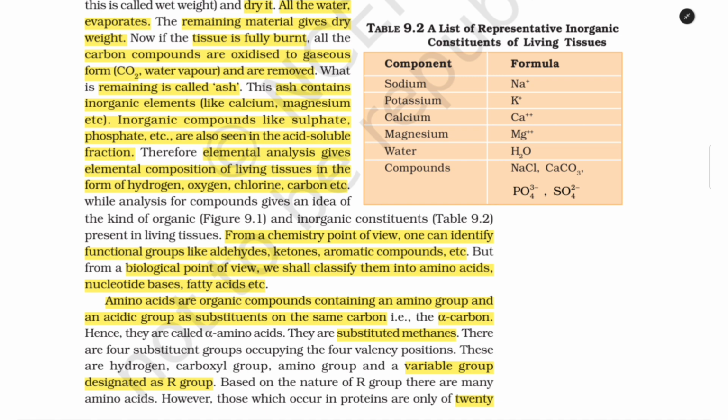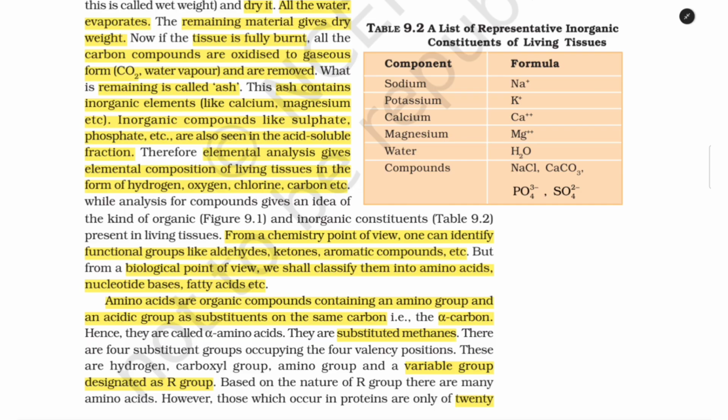Hence, they are called alpha amino acids. They are substituted methanes. There are four substituent groups occupying the 4 valency positions. These are hydrogen, carboxyl group, amino group, and a variable group designated as R group.